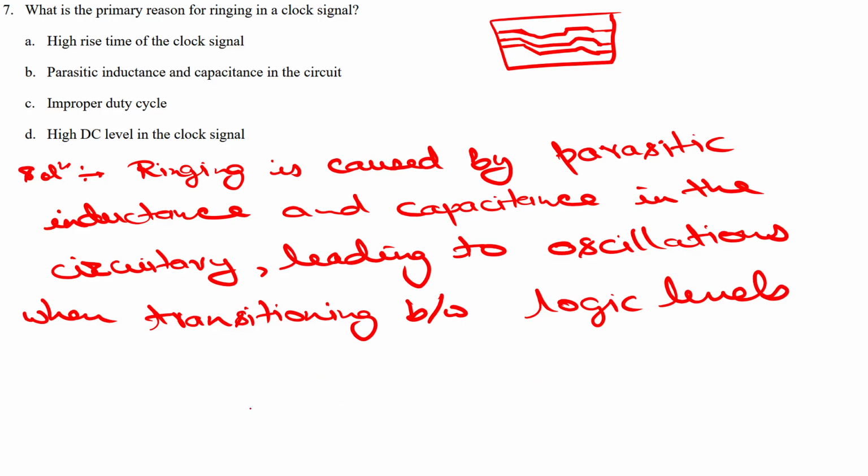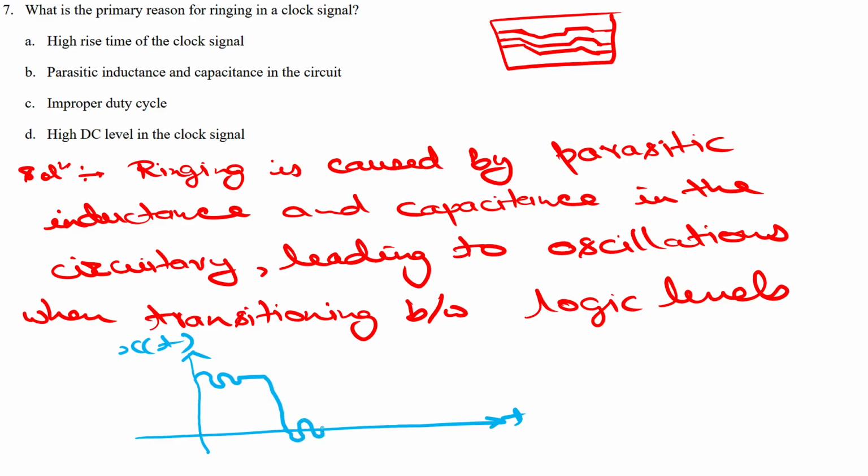So what ringing looks like is, if I draw a square pulse, this x of t, which is a square pulse, it will look something like this. Instead of immediately going to 0, ringing will be there. And when the next pulse comes, again ringing will be there.